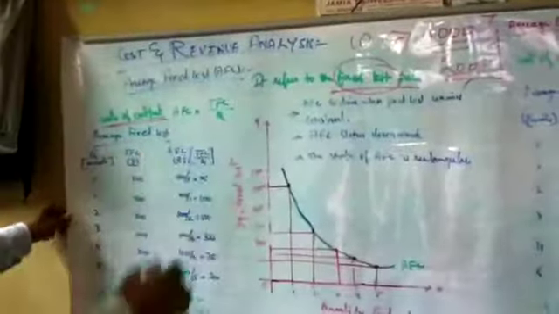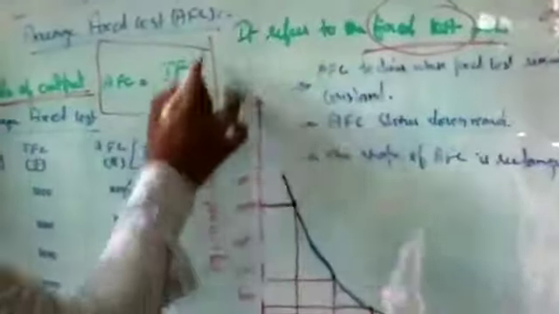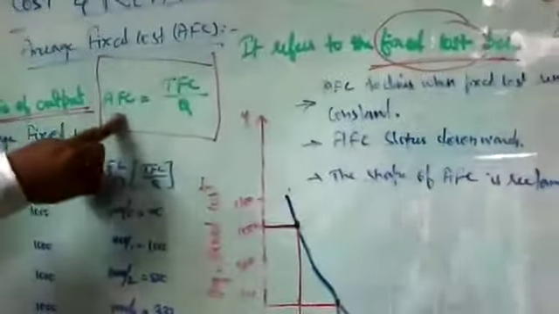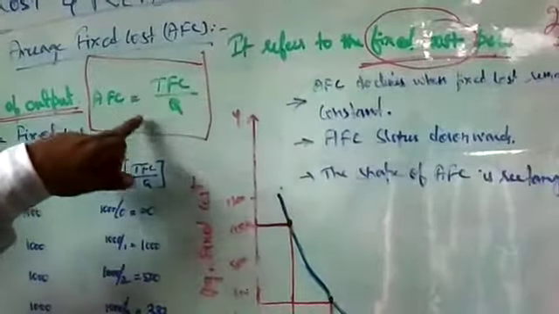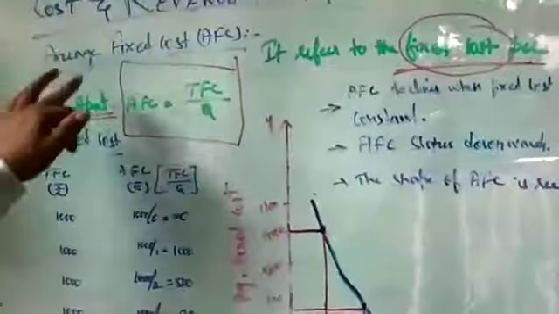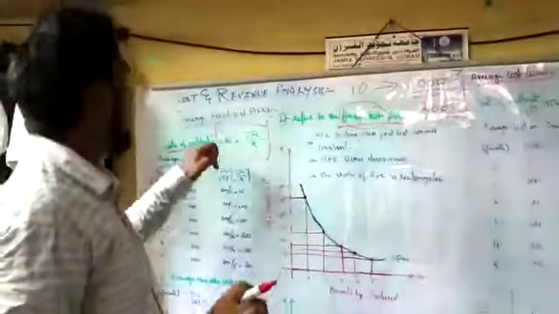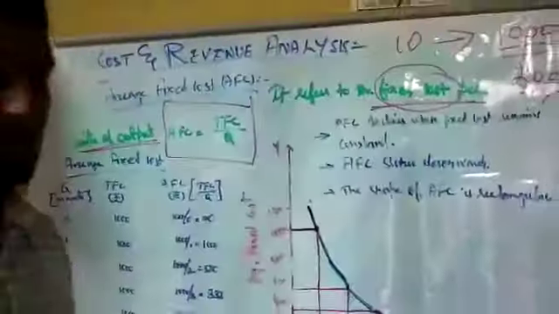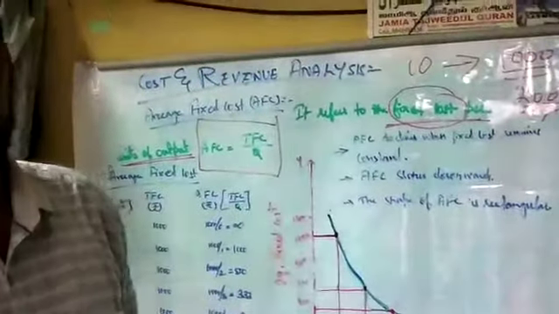You can identify the average fixed cost with the help of this formula: AFC is equal to TFC, total fixed cost, divided by Q. In the previous class we saw how we arrived at the total fixed cost.